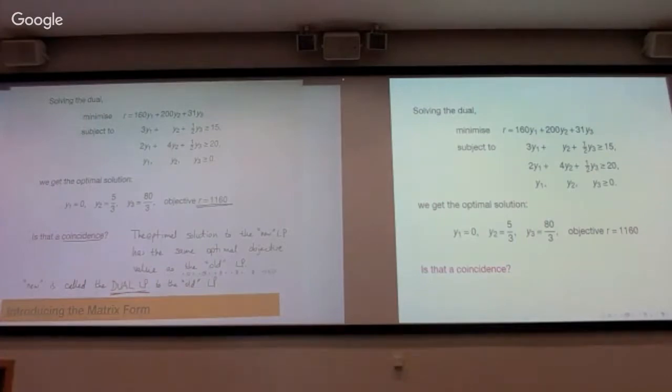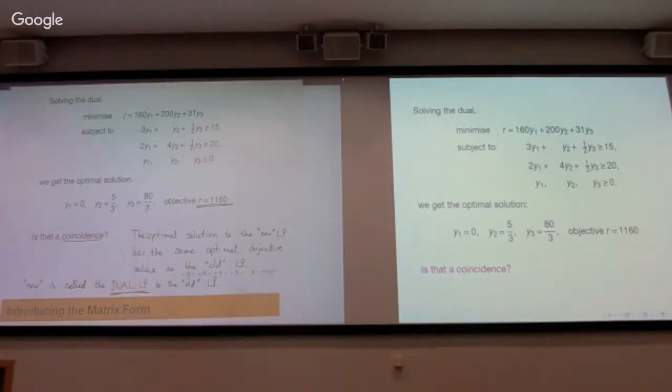Now, okay, before we answer that question, I'll make a remark. So the remark is, when you look at these numbers, 5/3 and 80/3, that's how I got my 2 and 27, just rounded 5/3 up to 2 and 80/3 up to 27.